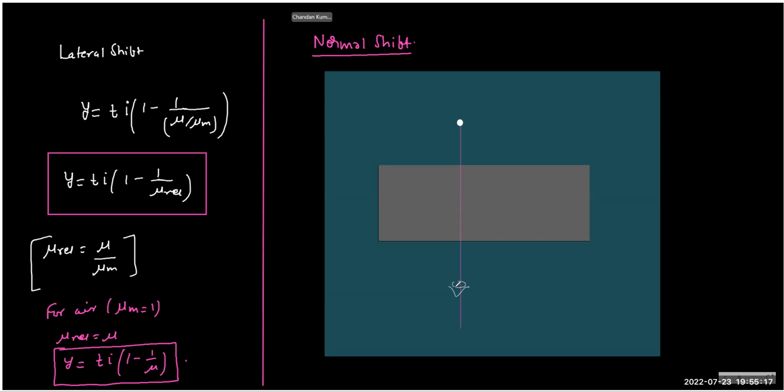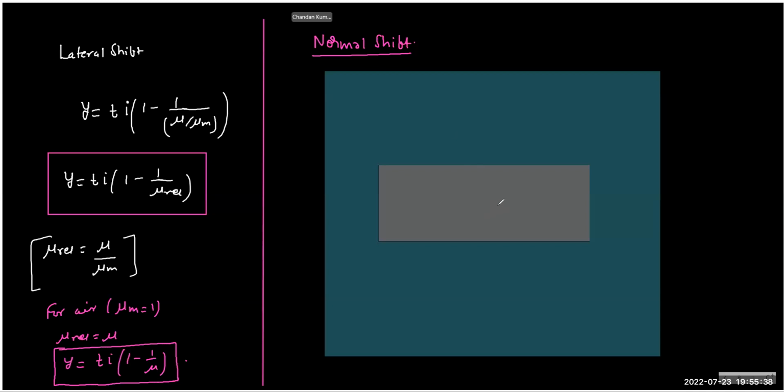So all the light rays are going to be near normal. So what exactly happens? I have taken a generalized view. So imagine a fish in the pond.